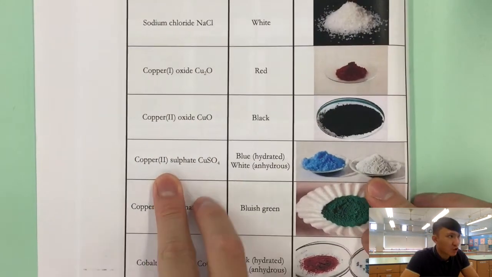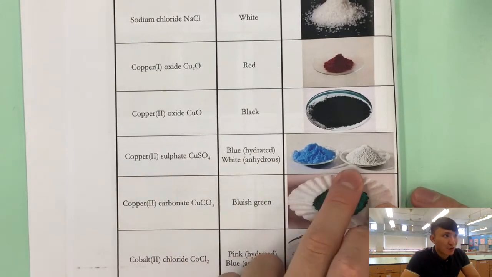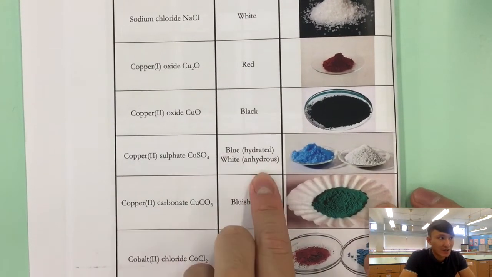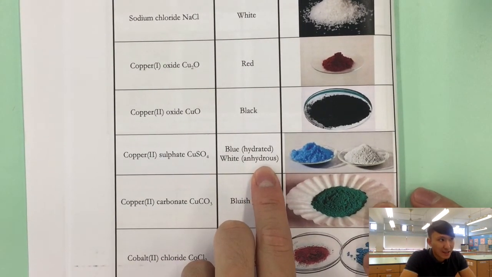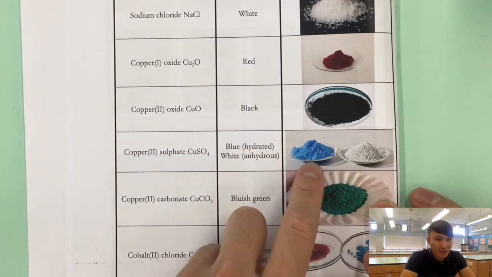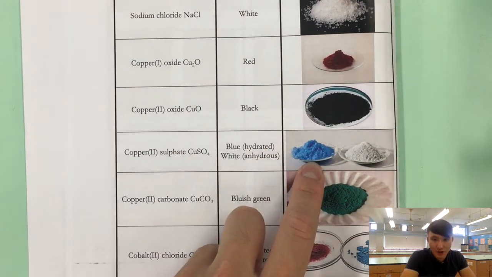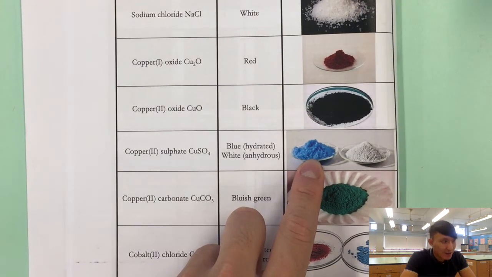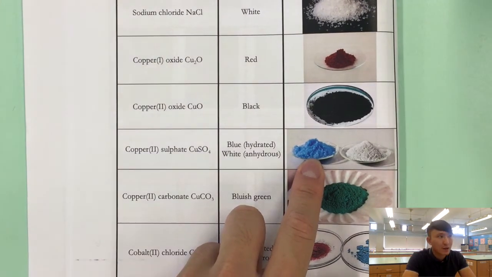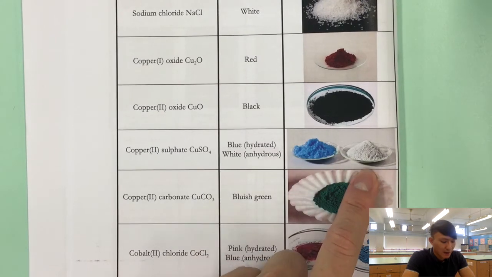Down here, copper(II) sulfate, we have 2 forms. One is hydrated, one is anhydrous. Basically, the hydrated form is the one you get after crystallization, so there is some water trapped inside the copper(II) sulfate. Here, this is anhydrous.